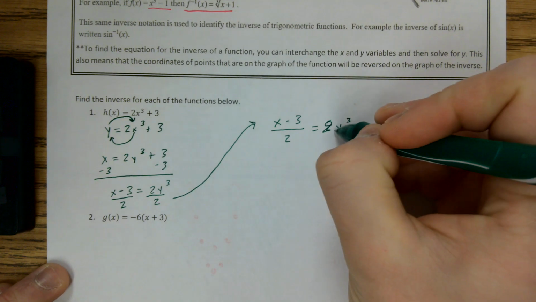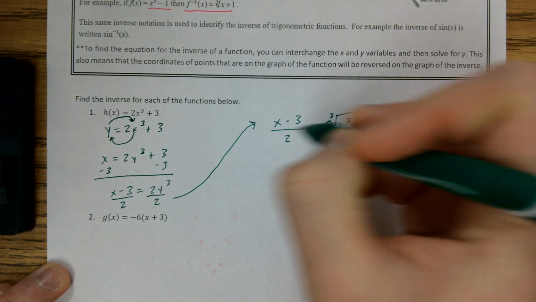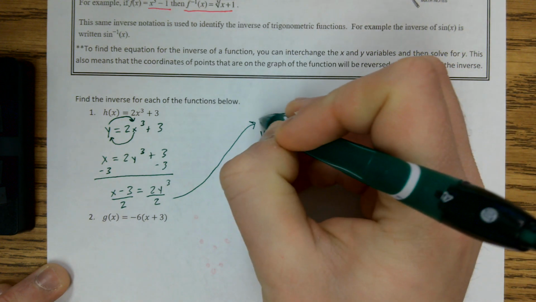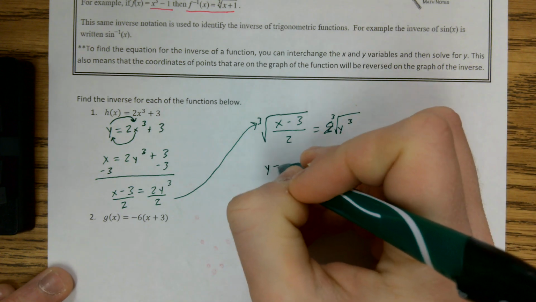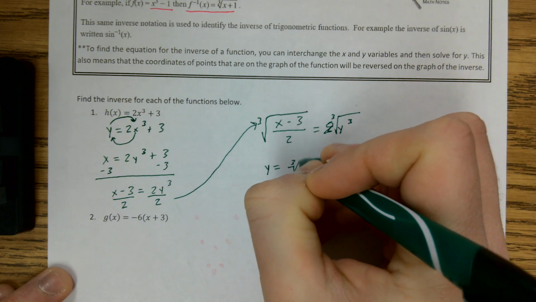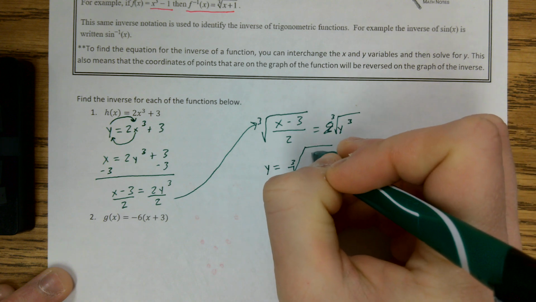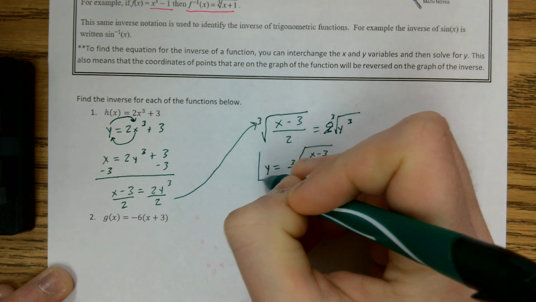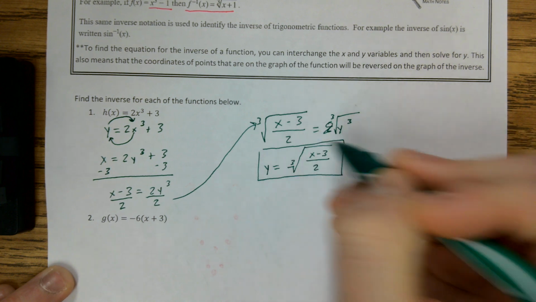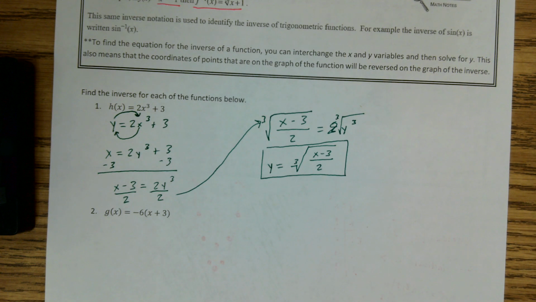The last thing I do is take that cube root of that entire function. So in this case, what I'm left with is y is equal to the cube root of x minus 3 over that value of 2. Alright, so nothing too crazy there. Again, just remembering that you got to switch x with y. Once you know that, then it kind of becomes plug and play.